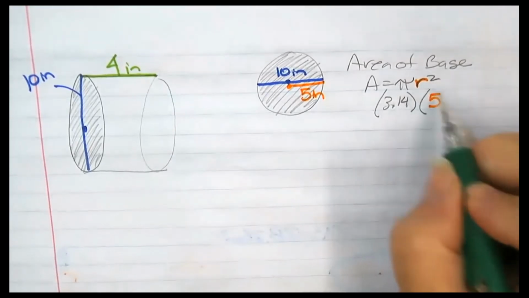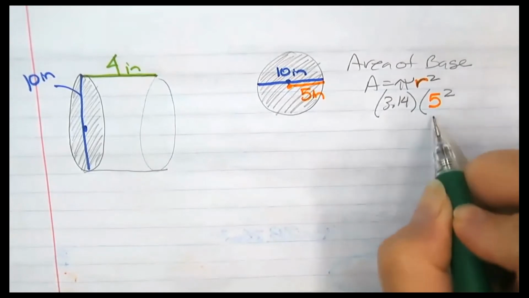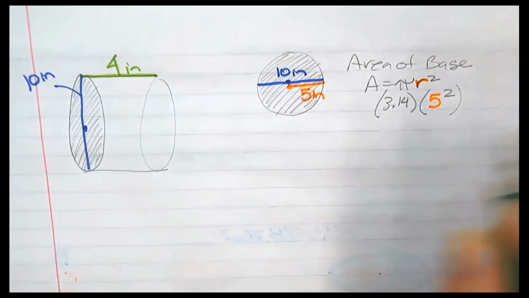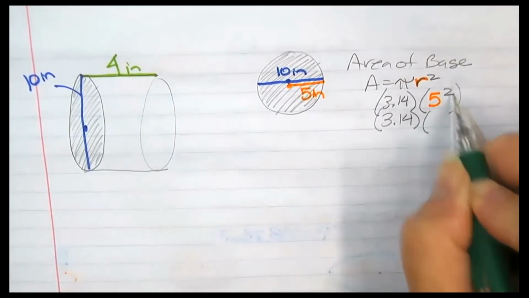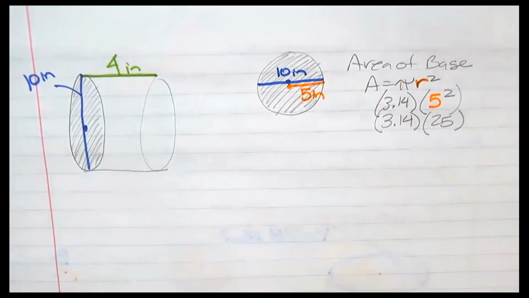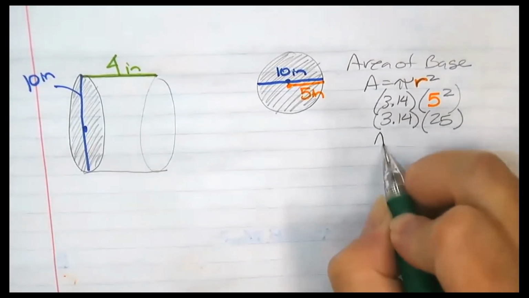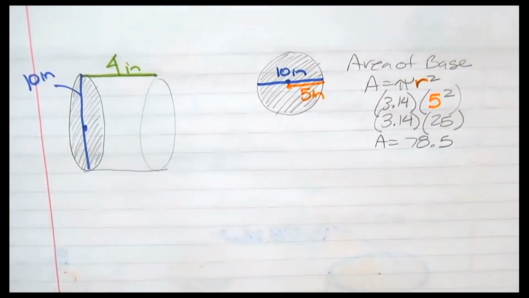And the order of operations says we do exponents before we multiply. So 3.14, 5 times 5 is 25. Now, I'm going to type this into the calculator, 3.14 times 25, and I find that my area is equal to 78.5.